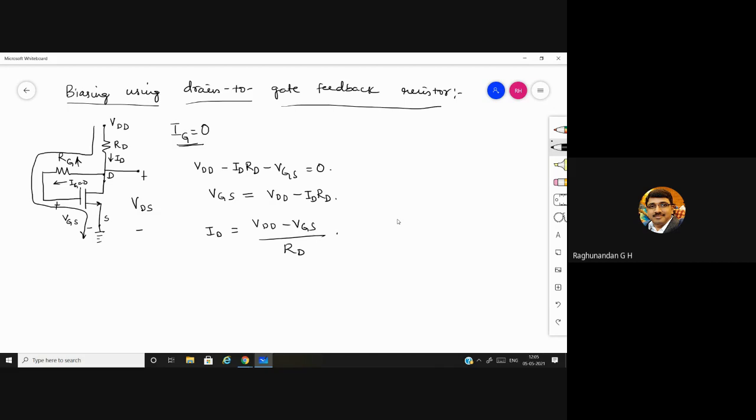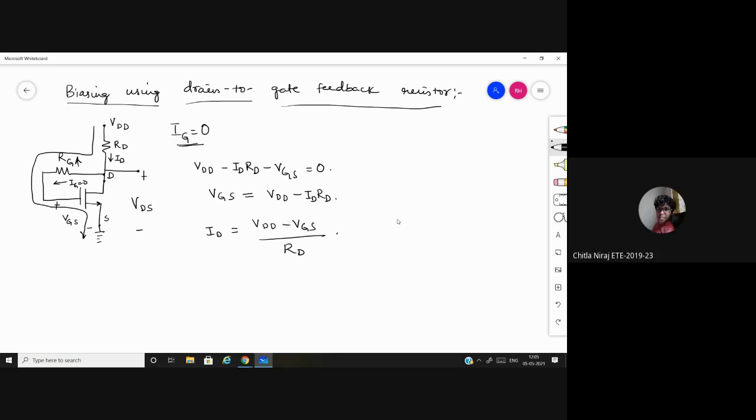If ID increases, it indicates that RD has decreased, or we are using a resistance of lower value. If VGS increases, what will be the situation of ID? As VGS increases, ID decreases.